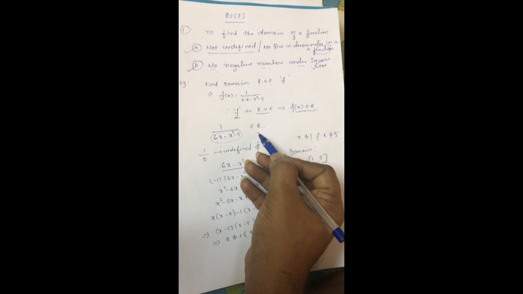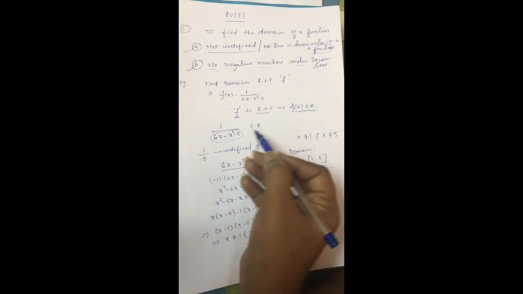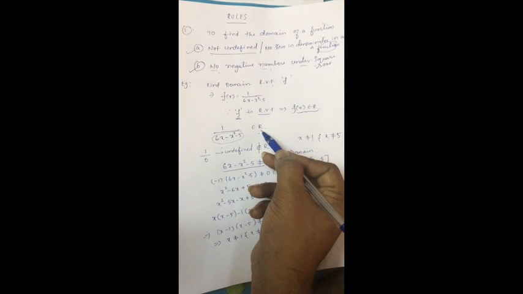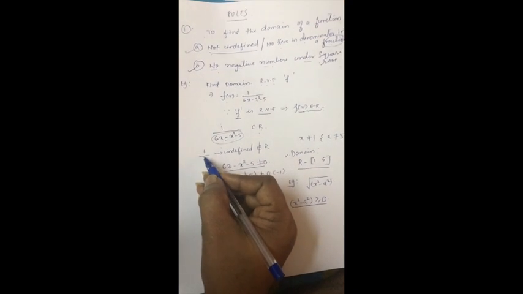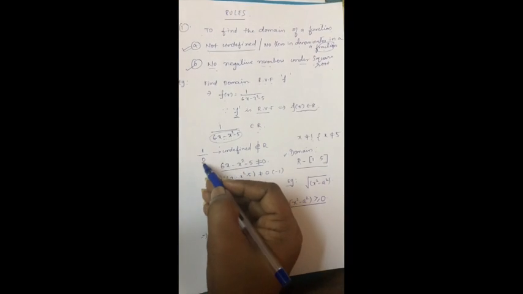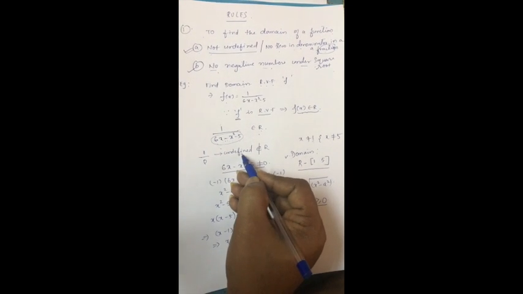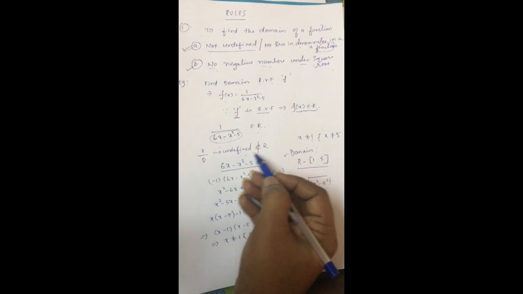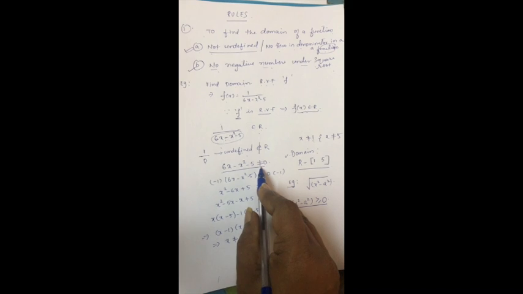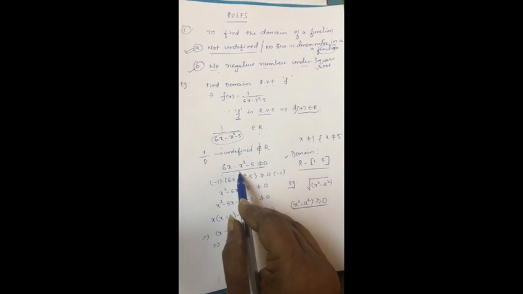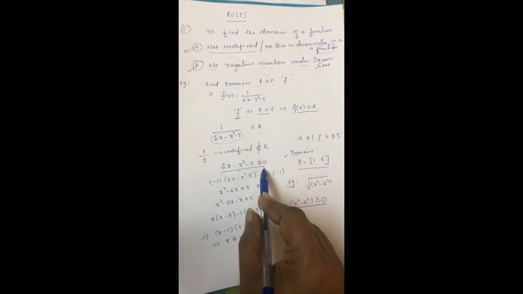It should belong to R, right? When does this belong to R? When it is defined. For example, if the denominator becomes 0, it becomes undefined, and this f of x does not belong to R. So therefore, 6x minus x square minus 5 should not be equal to 0.